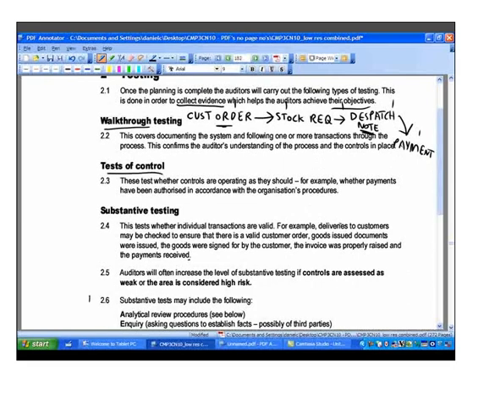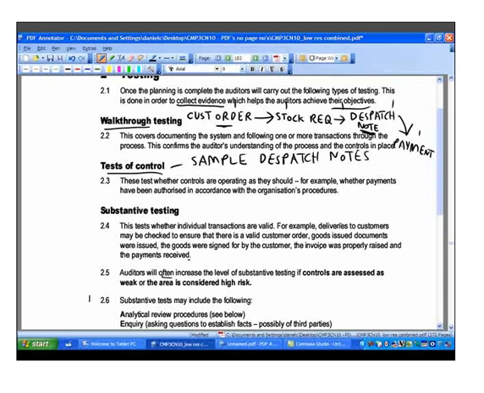Maybe 20, maybe 30, there's various software in place that will help you decide how many transactions you need to test given certain parameters. So they'll take, let's say, 30 dispatch notes, and they will check whether each of those have been agreed to the customer order. And is there evidence that they've been agreed to the customer order? Has someone signed off to say that this has been done?